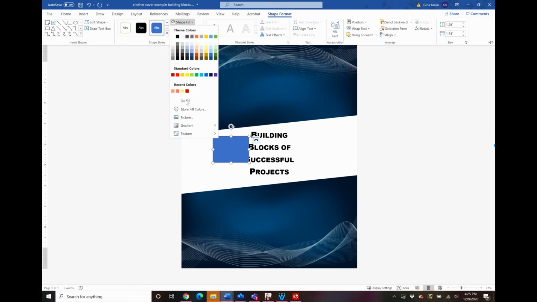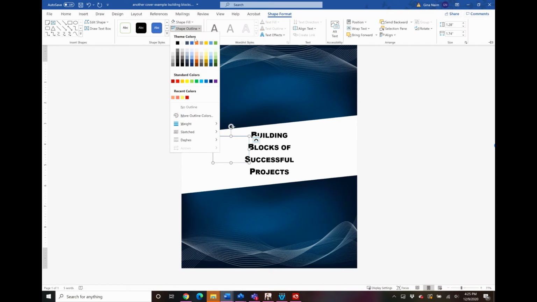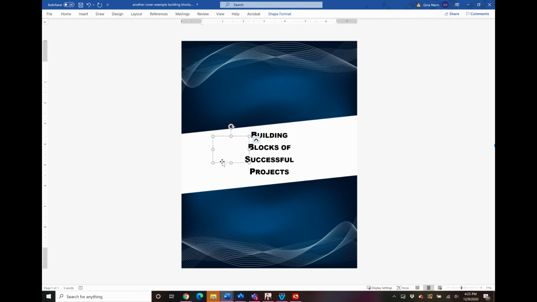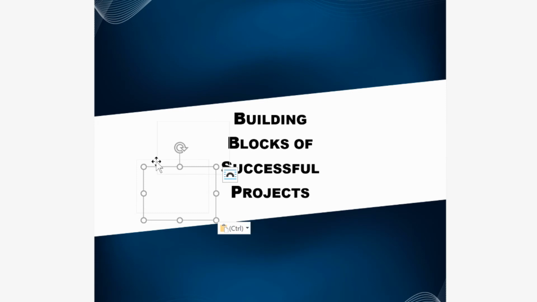Go to shape fill, no fill, shape outline, and I just chose light gray just to give a little bit of a texture in this white space. And then I click on the line of the graphic and Control C, click off of it, Control V, and you can kind of put these all around.